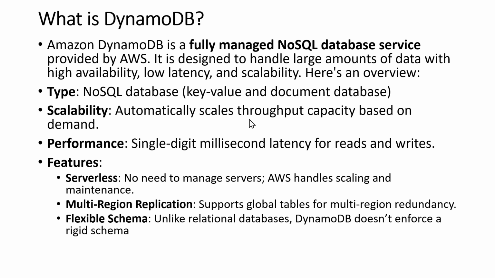It automatically scales throughput capacity based on demand. So if the data is being increased, you need not go and manage all the storage or the networking thing. Everything is being managed by AWS itself. And when it comes to performance, single-digit millisecond latency. So within a fraction of milliseconds, we can get the data and we can write or update the data too.